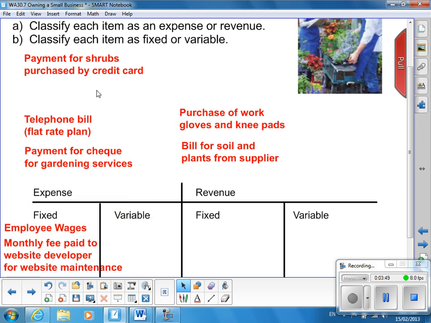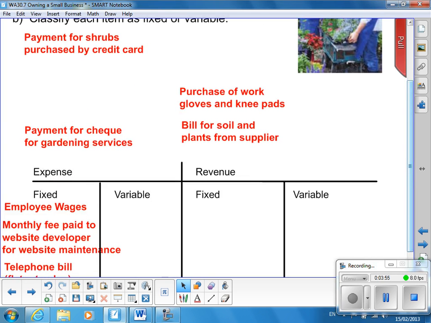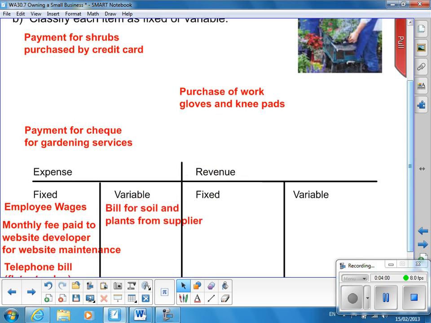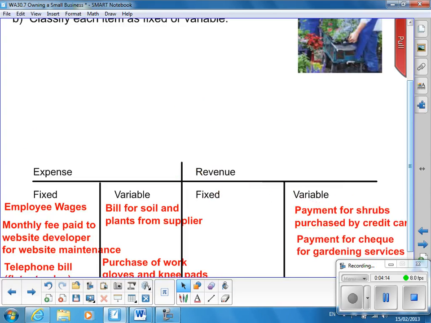Telephone bill, if it's on a plan, is also a fixed expense. Okay, variable expense: bill for soil, because that could depend on how much you need, or purchase of work gloves and knee pads. You may not have to buy them every month. And revenue: payment for gardening services and shrubs.